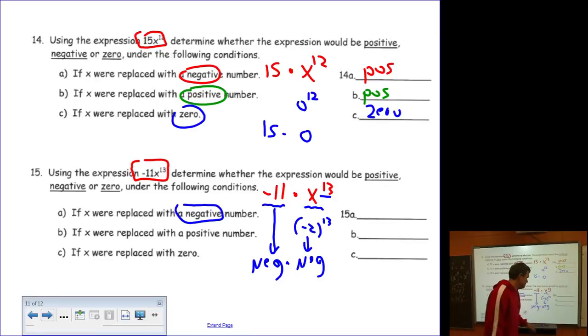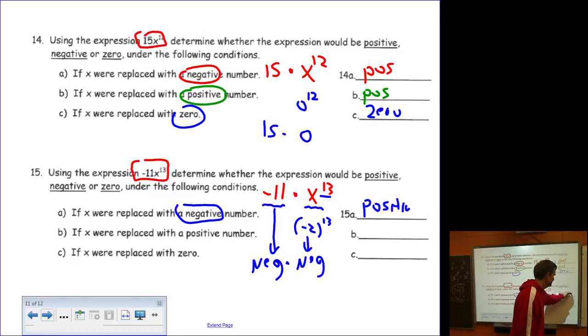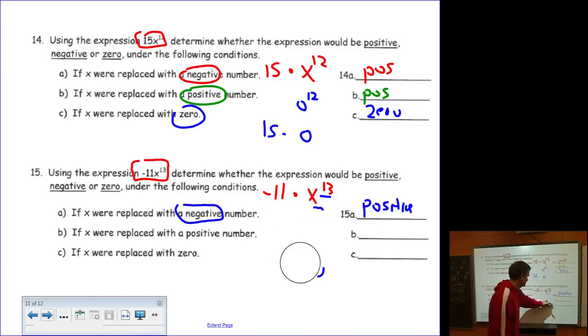So what I end up with here is a negative times a negative, which of course equals a positive. How about if I put a positive number in for x?